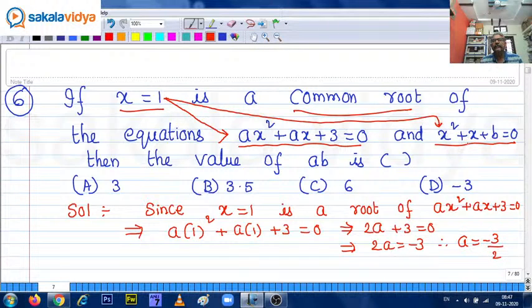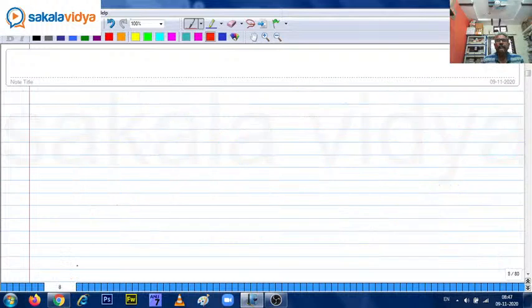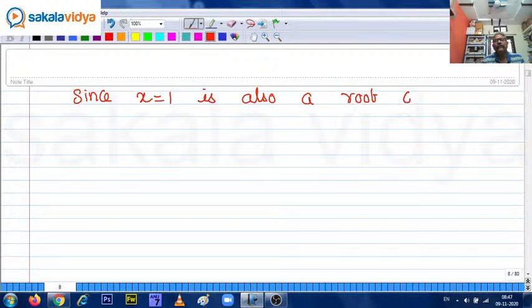Since this is the solution of the first equation, that means since x is equal to 1 is also a root of x square plus x plus b is equal to 0.